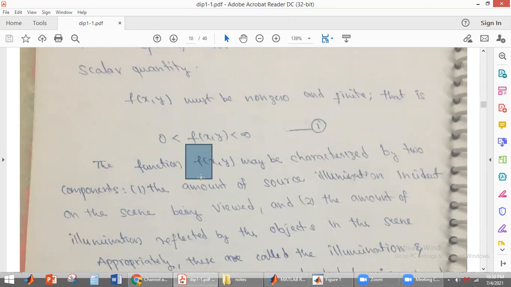So the amplitude will be given by two terms. The first is how much energy from the source is incident on the screen.